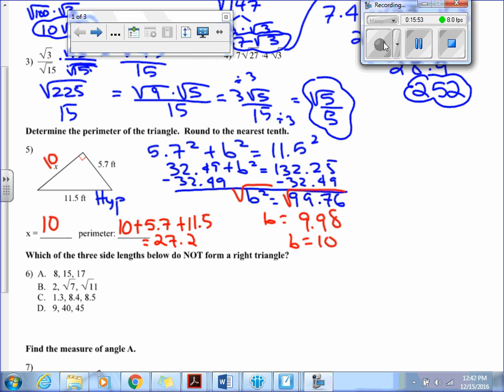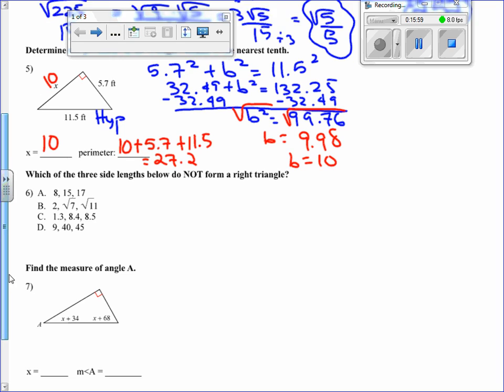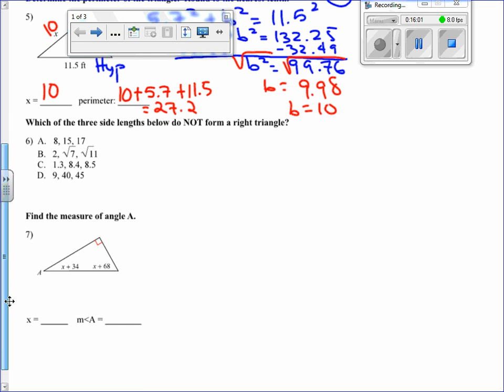10.5 is too big. All right. So let's look at number 6. What do we know about these? What do these numbers represent? Angles or sides? They represent sides. What do we know about the sides of any right triangle?